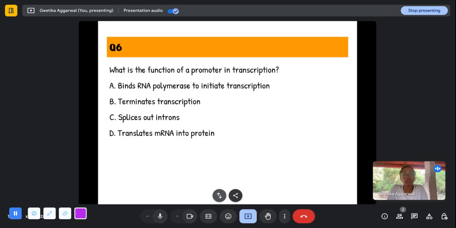So, the correct answer to this question is option A, where it binds RNA polymerase to initiate transcription. As we already discussed, the promoter is a sequence present right before the gene. This is where the RNA polymerase comes and binds, and then it starts transcribing the gene.